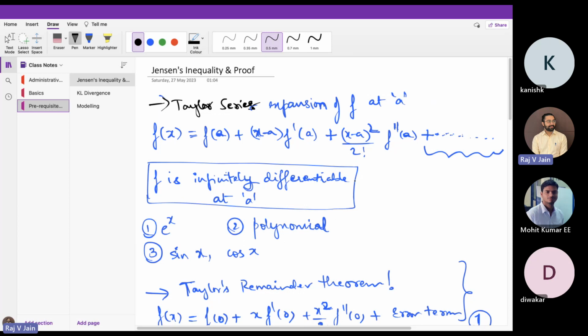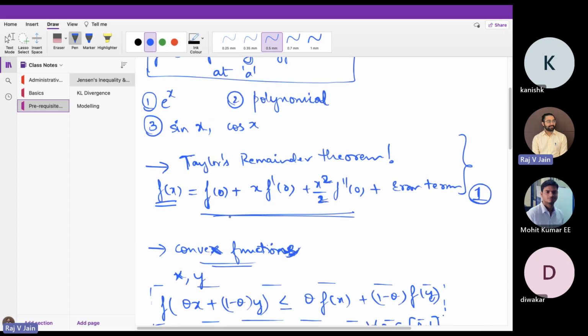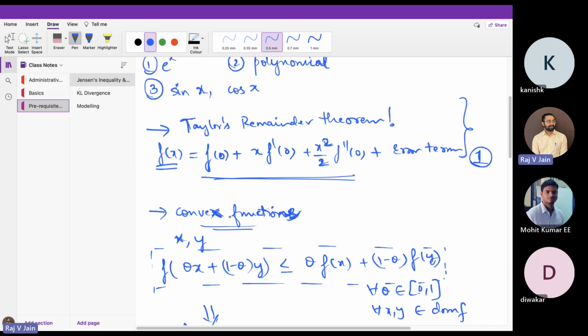Last time we spoke about the Taylor series expansion of a function, and we said that if I have a function f of x and it is infinitely differentiable at some point a, then f of x can be expanded as an infinite series of terms, which is f of a plus (x minus a) f dash a and so on. And some very standard examples are shown here. Then we also talked about the idea of an error term.